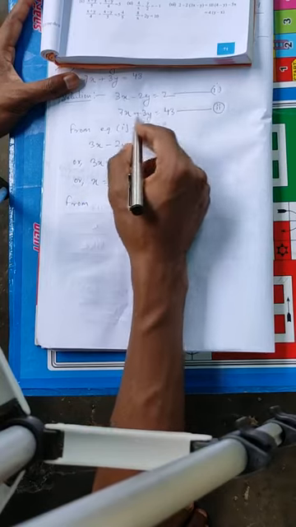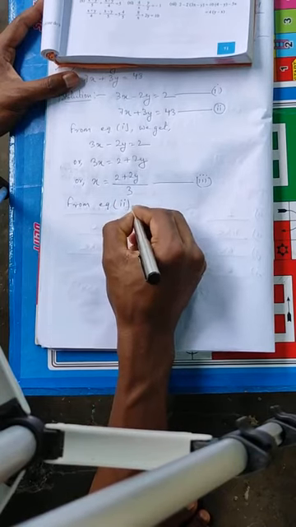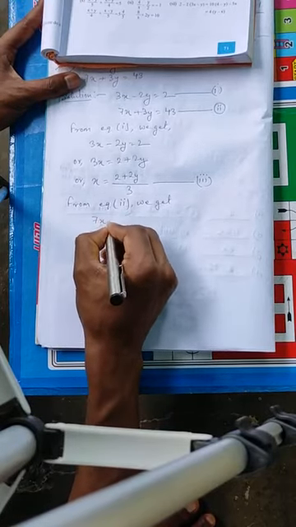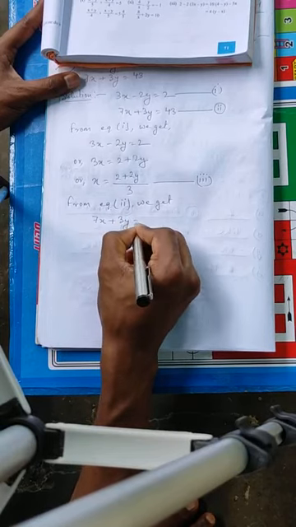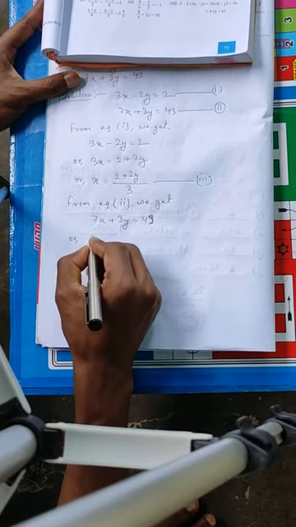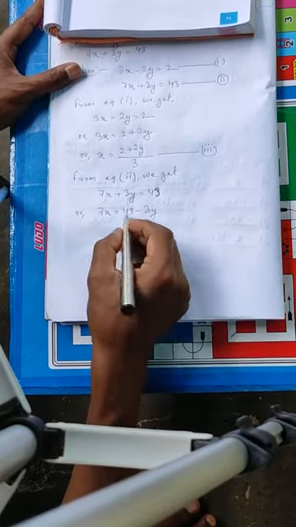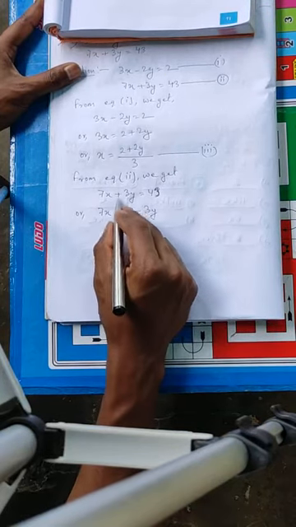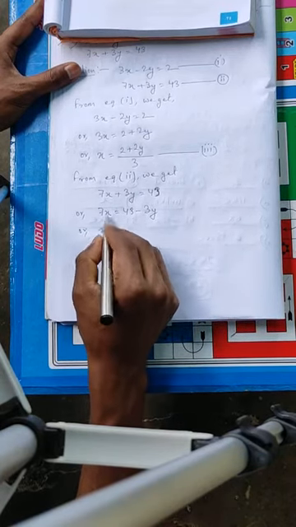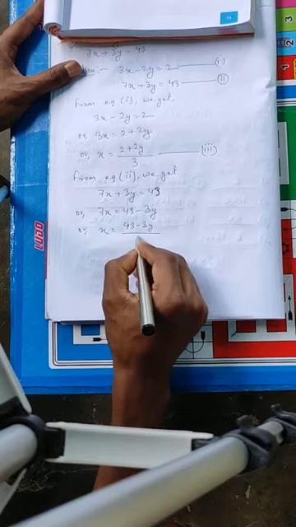Now from equation number 2 we similarly find the value of x. From equation number 2 we get 7x plus 3y equals 43, or 7x equals 43 minus 3y, since 3y transferred to the right side becomes minus. Then 7 transferred to the right side becomes divide, so x equals 43 minus 3y divided by 7.